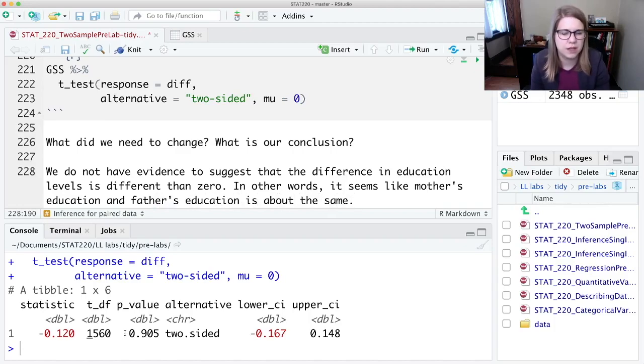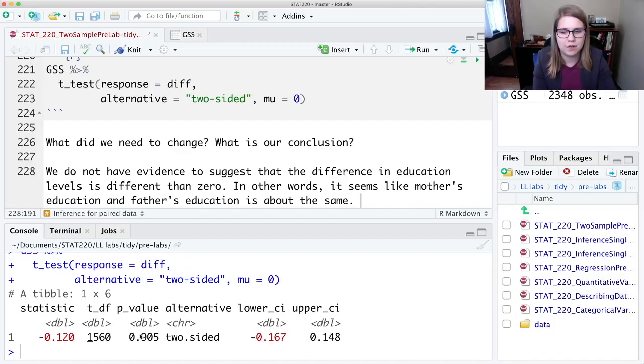There's no significant difference there. We could see that also from the confidence interval. I'm 95% confident that it's between mothers having 0.16 fewer years of schooling and mothers having 0.14 more years of schooling. And because that interval contains 0, it agrees with our not significant p-value, that big p-value.